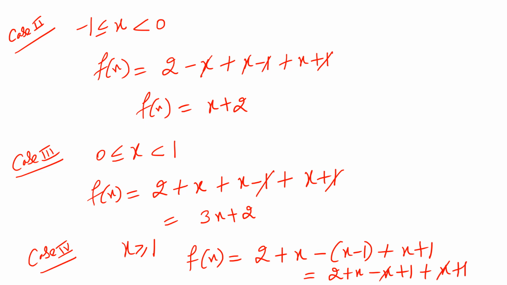And this comes out to be x plus 4. Right? Now students, we move further and check out the statements. Now students, the function f of x becomes equal to minus x when x is smaller than minus 1.